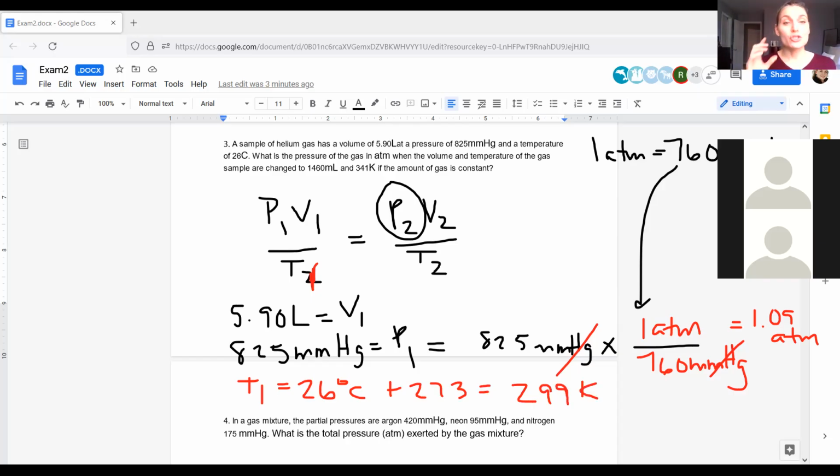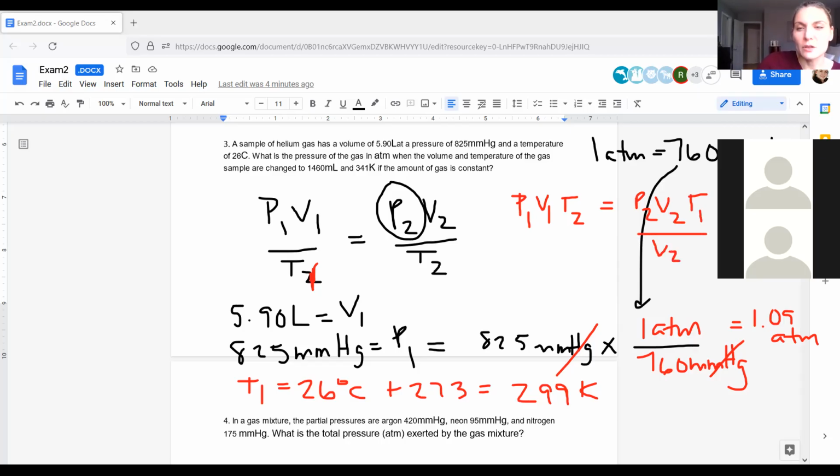From there now, it's just manipulating our equation. So we now need to go solve for this P2. So like I said, I do cross multiplying. To me, I feel like that's the easiest. So you would have P1, V1, T2 equals P2, V2, T1.